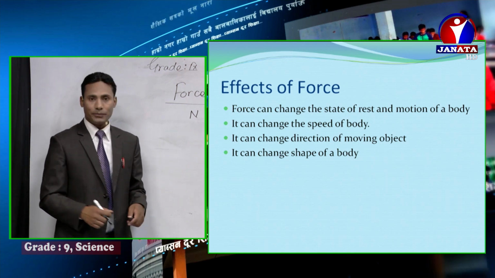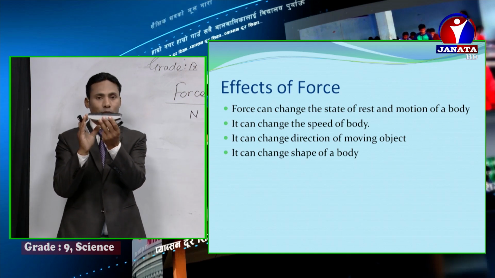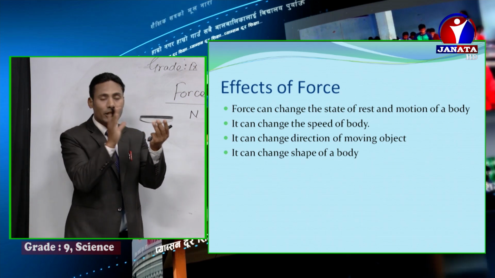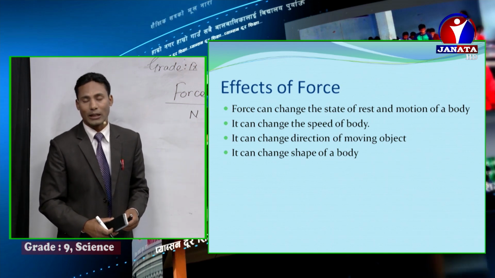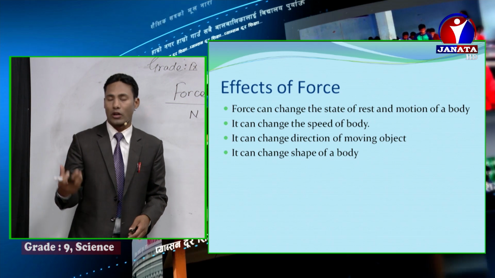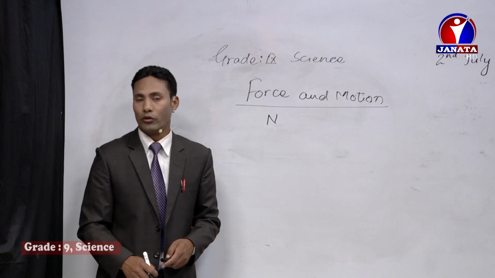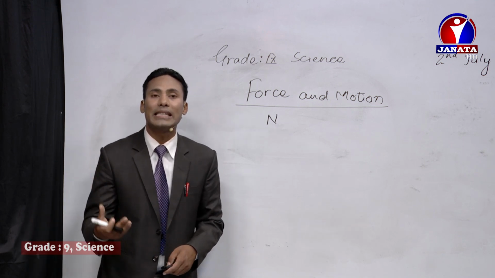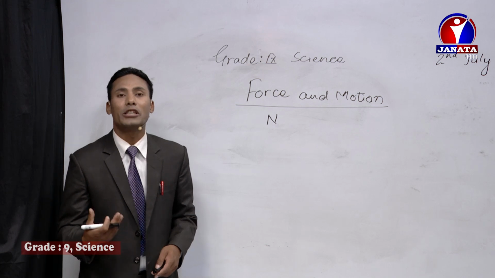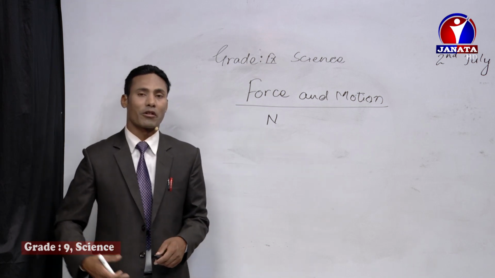Similarly, suppose we have an object moving slowly. If we apply the force on it, then it increases the speed of the moving object. So the next effect is that it causes an increment in the speed of the moving object. Sometimes it may cause a decrease also, sometimes an increase.